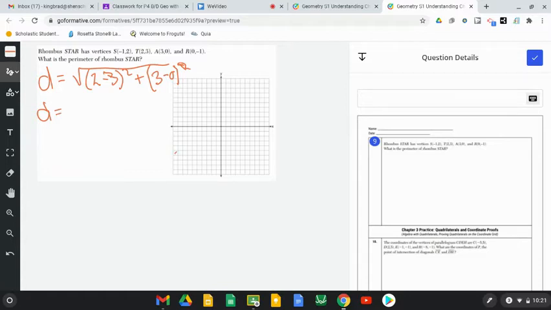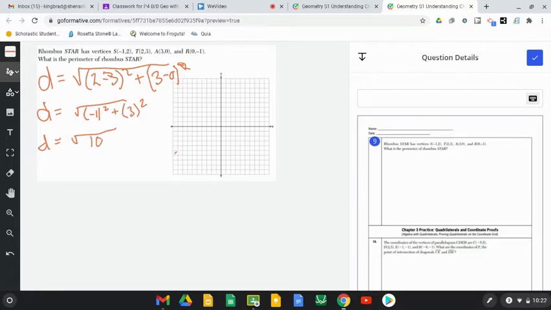So my distance equals, well, I subtract those and I'm going to get -1 squared plus 3 squared. I square them, add them together, I'm going to get my distance is 10.